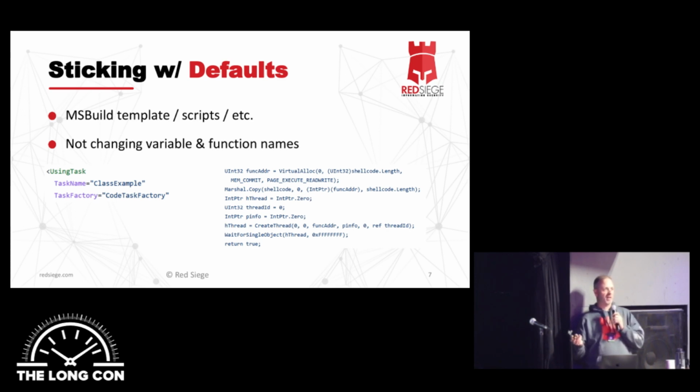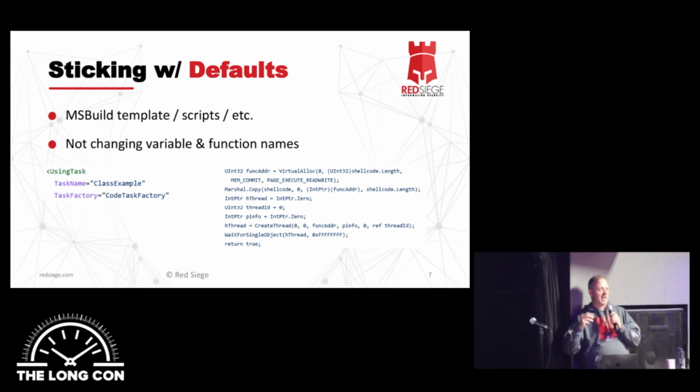However, because it works great, companies write detections for these things, and they're brittle detections. So if you were to just use the 3G student template, it's going to get signatured by pretty much any AV on the market. And if we look at it, what are some of the things? The task name is called class example. And there are things in the code.